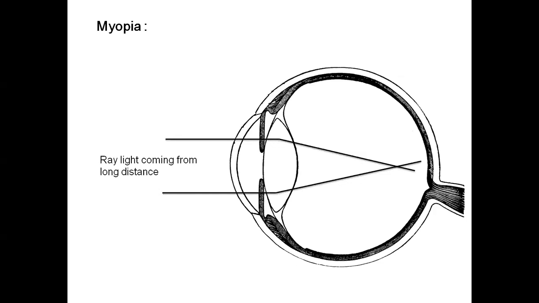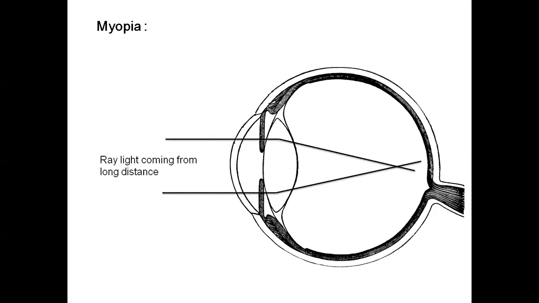So friends, it is very simple, because in exam time you will see this: the light rays coming from a long distance are not focused on the retina but form in front of the retina.